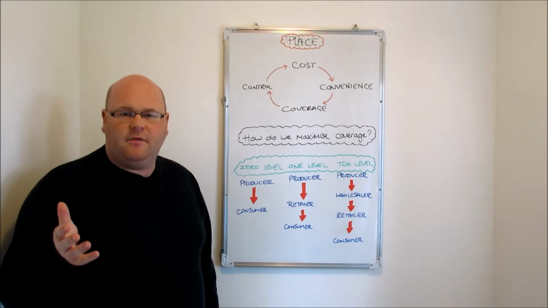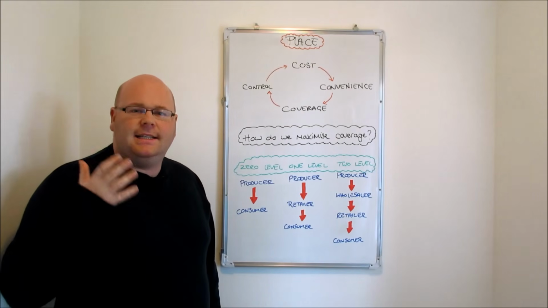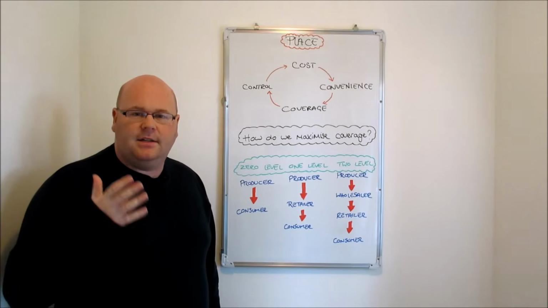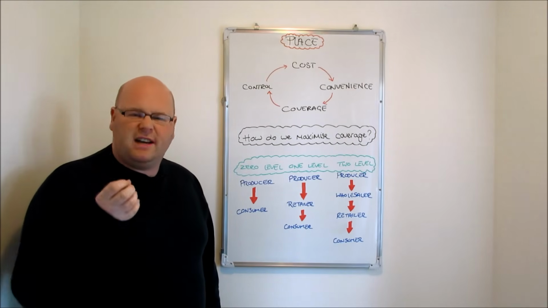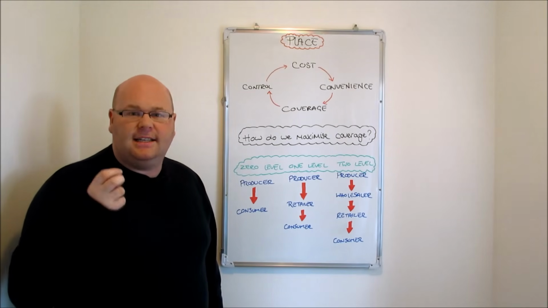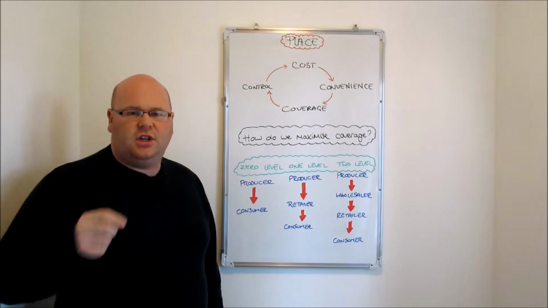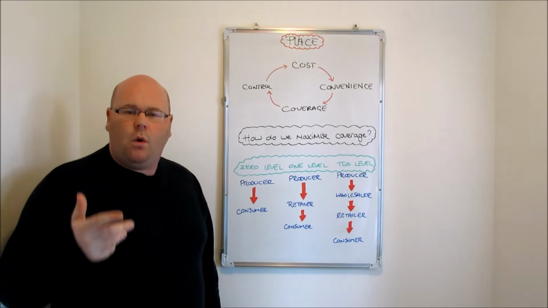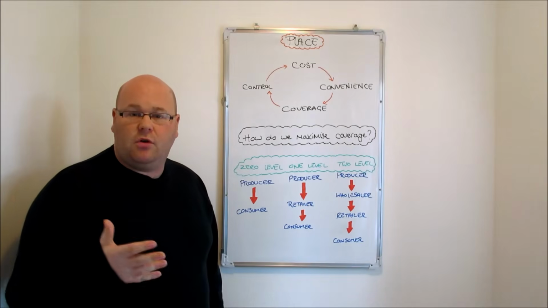So first of all, businesses might focus on branding their products in order to try and achieve a broader coverage. They've got to try and make their products desirable to retailers and wholesalers. They've got to try and convince these third parties that they want to stock their products, that consumers are looking for their products. One way to do that is to try and achieve strong brand names.